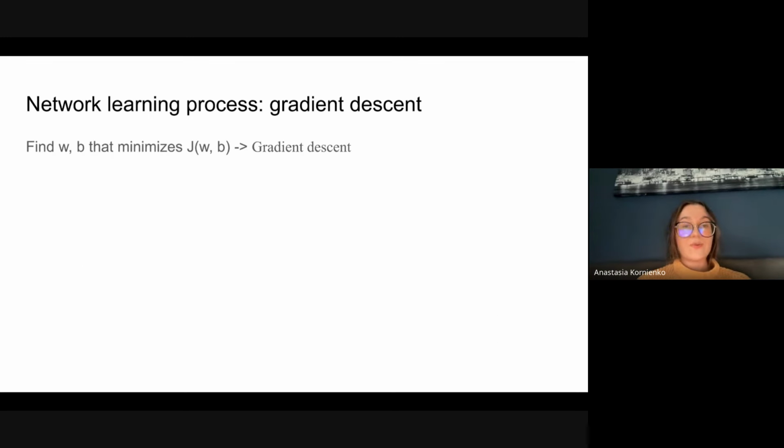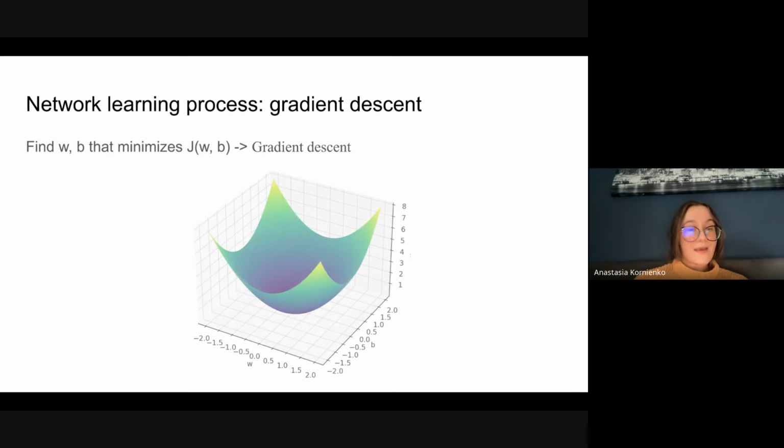Let's take a closer look. Basically, this is a cost function, and the dependencies are W and B. It's not y and y hat, just because it's a set of examples, not one. That's why the dependencies are W and B. If you take a look at the function and this graphic, you can see the minimum of the function is here.